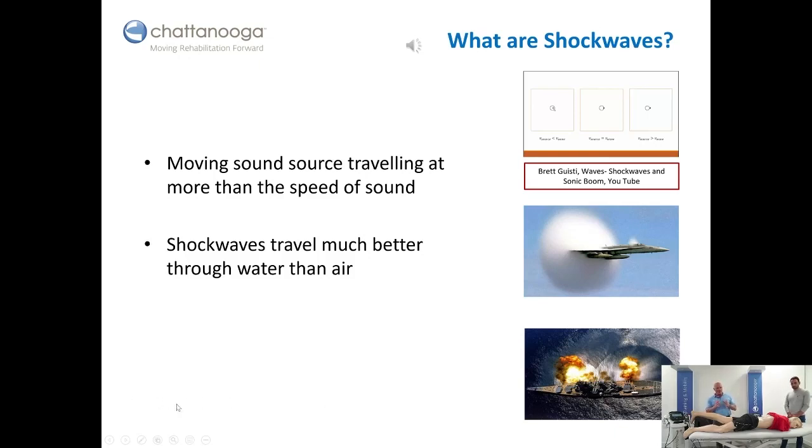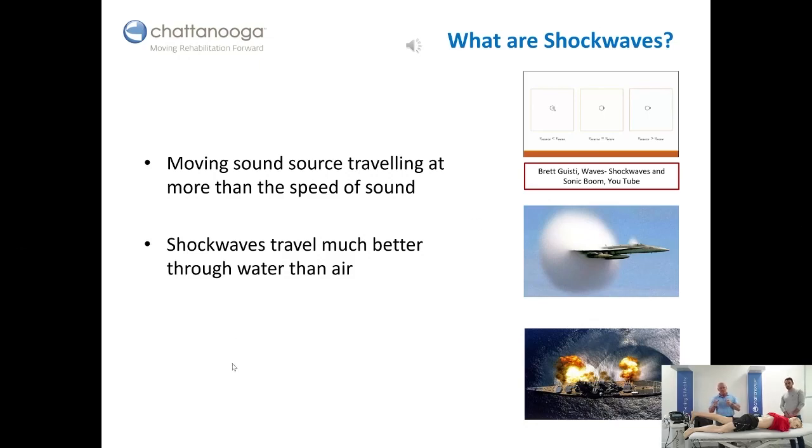If the sound source is stationary, then it's going to emit pressure waves equally out from the source. And these pressure waves are what we pick up in our ear and we interpret as sound.